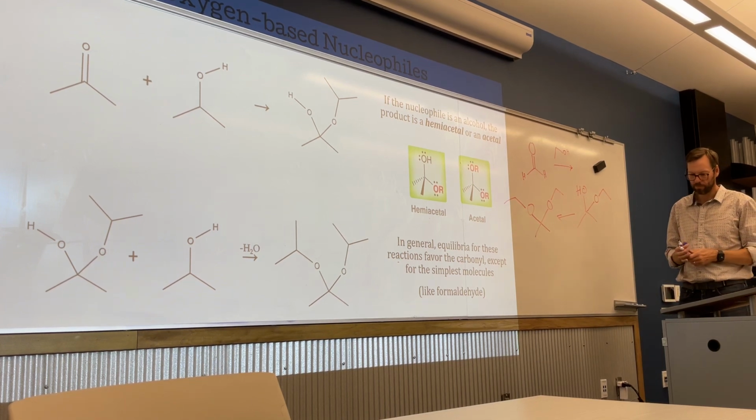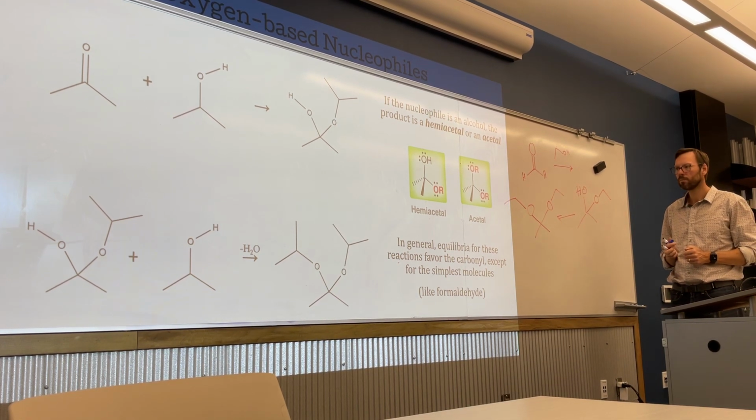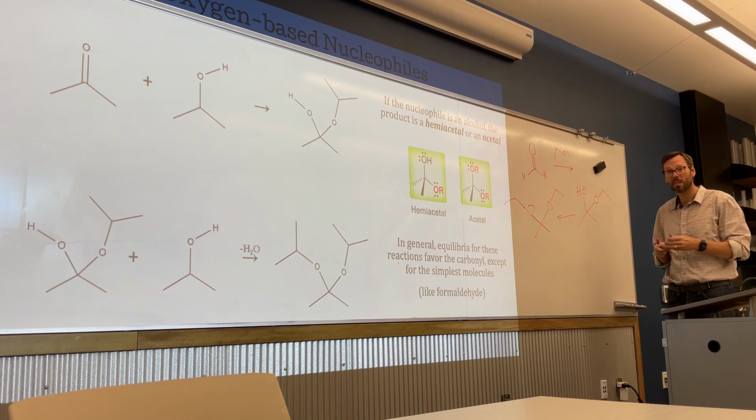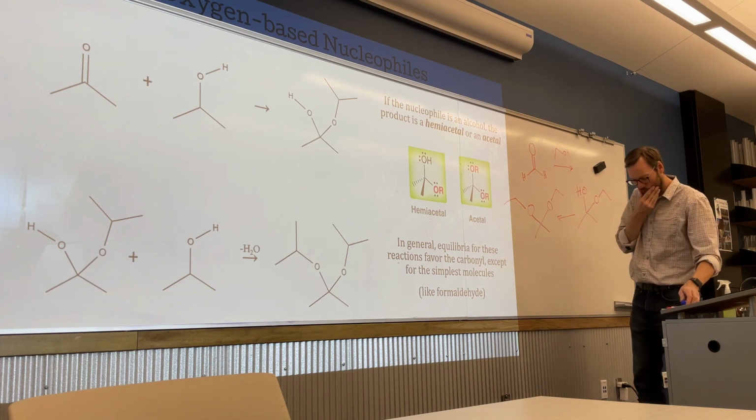So is that equilibrium? Like it can go back and forth between the acetal and the hemiacetal? Yes. And that's important for a number of biological processes, because that's how sugars are made.